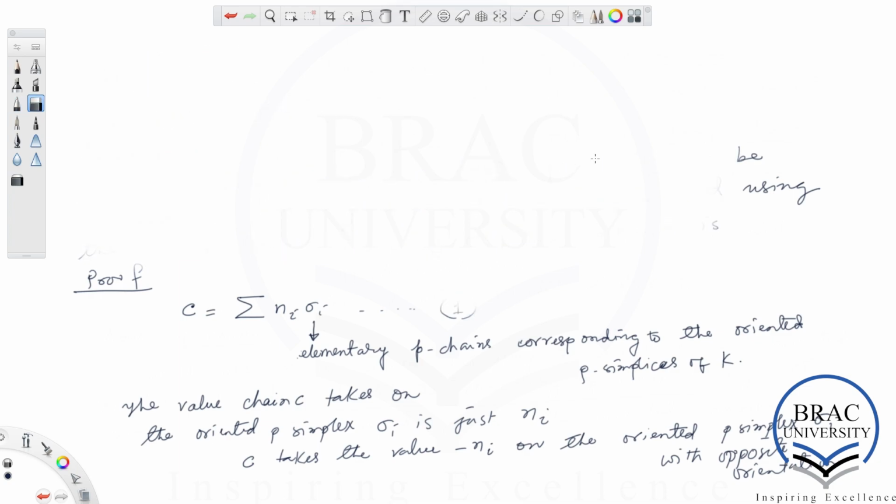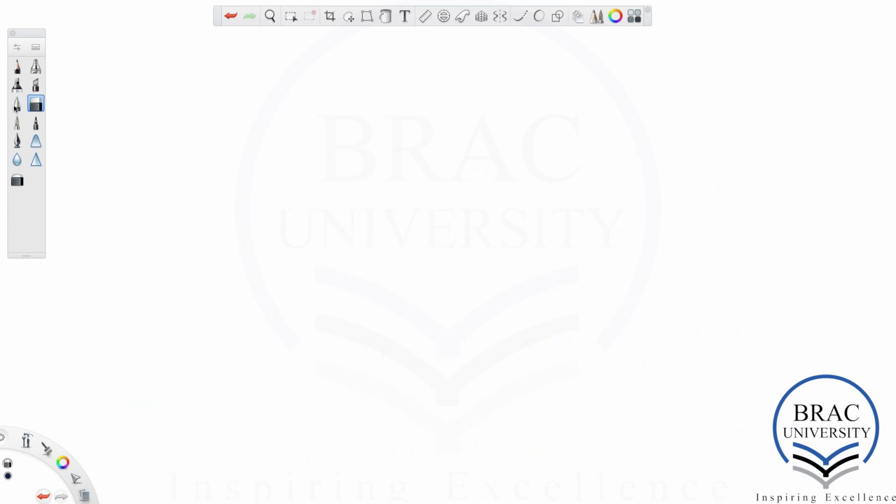Now note that we are talking about this free abelian group of p chains on the simplicial complex K. So p can be 0. The free abelian group C0 of K has a natural basis.